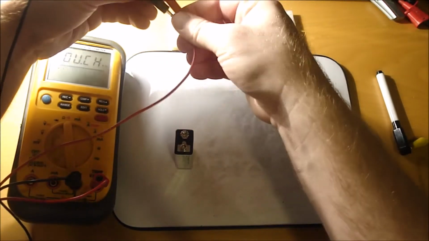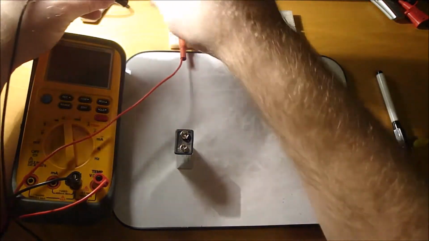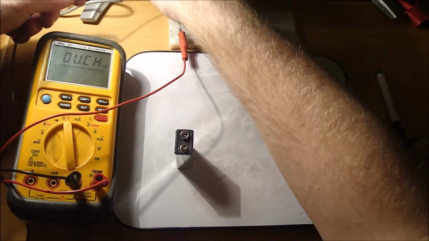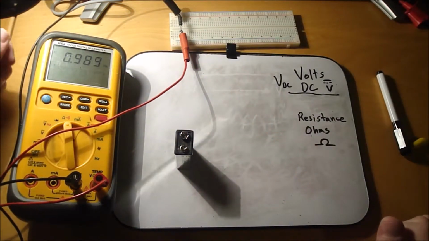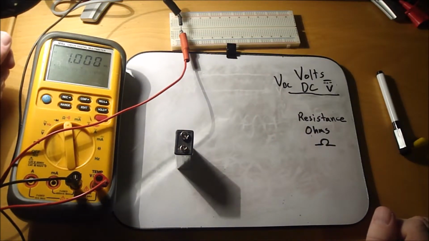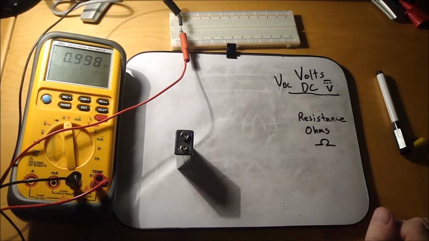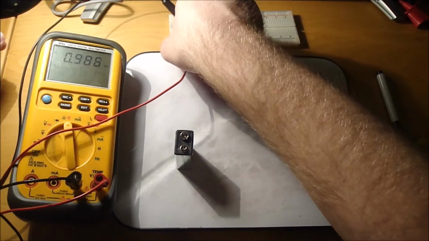And there you go. It's just right on the edge of 1000 ohms, so it's bouncing a little bit back and forth. Plus this meter is old and it's not the most accurate.